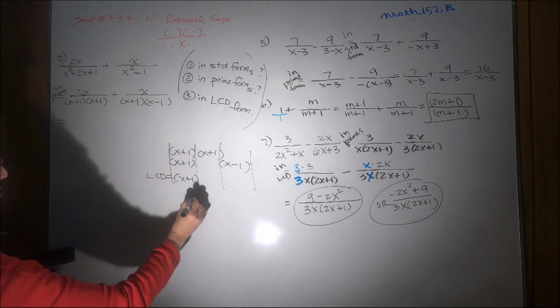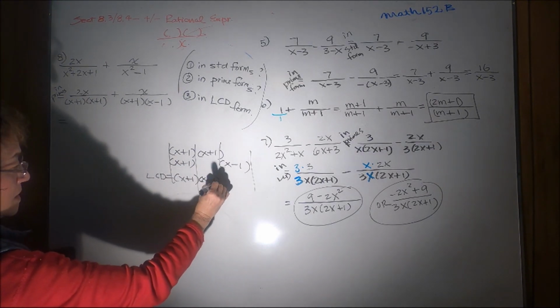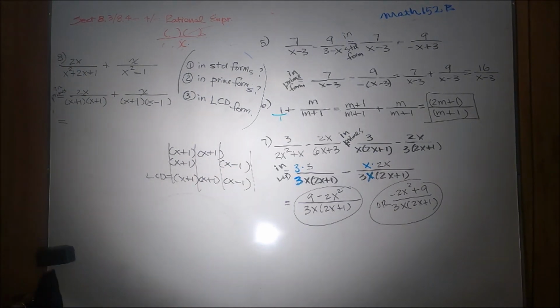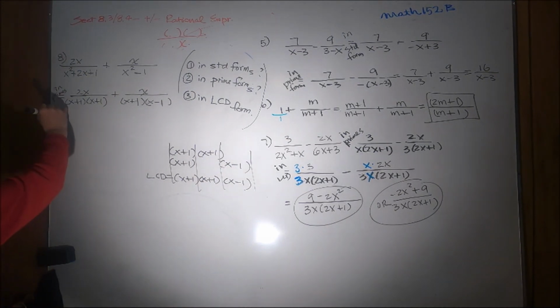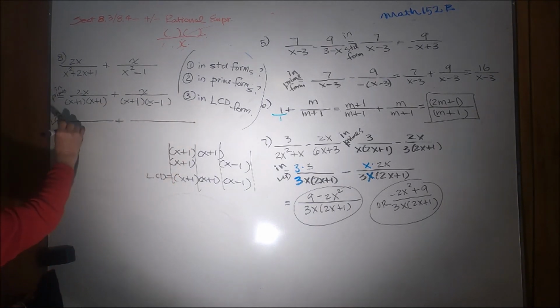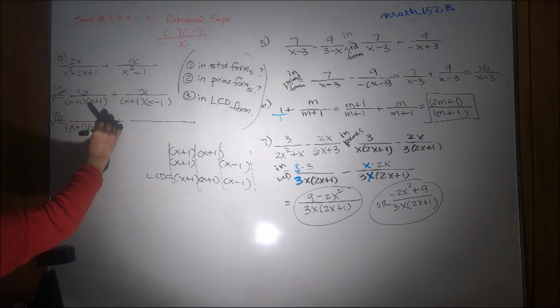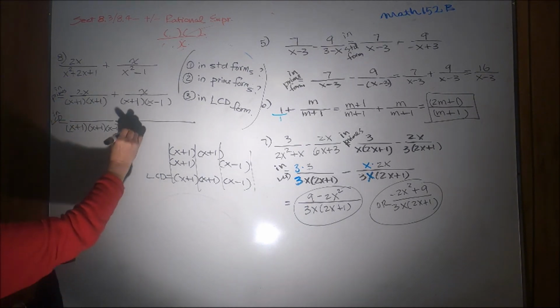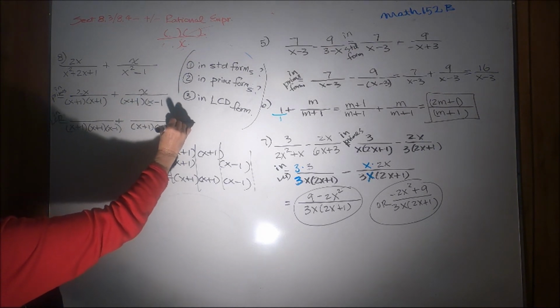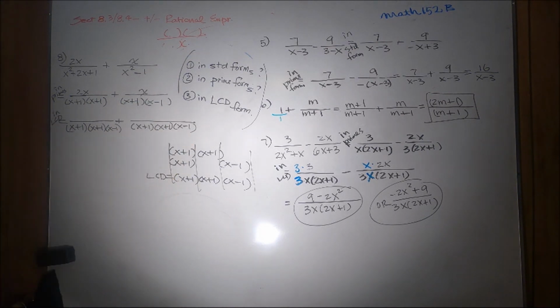Need one of those, another one, x plus 1 and x minus 1, right? So next, we write in the LCD form. So that would be what? The same LCD, right? So x plus 1, x plus 1, and x minus 1.